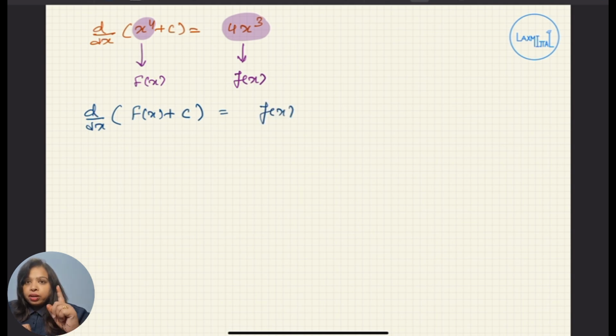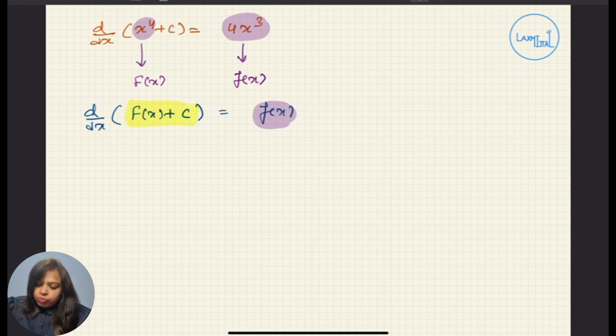So here we are going to clear this point: F(x) is the antiderivative of f(x), and F(x) plus c is also its antiderivative.